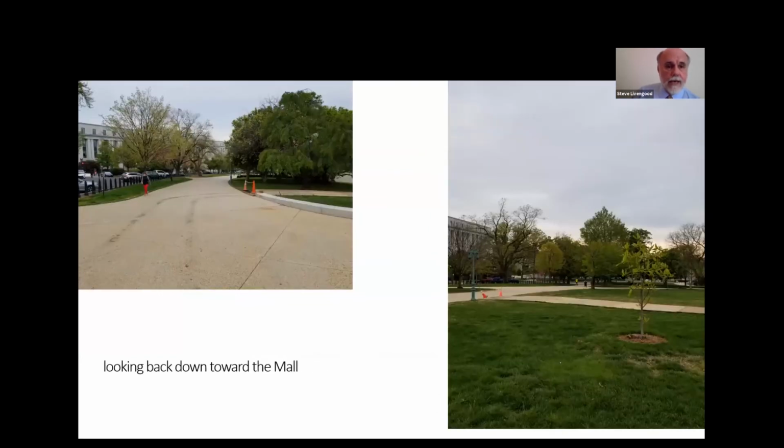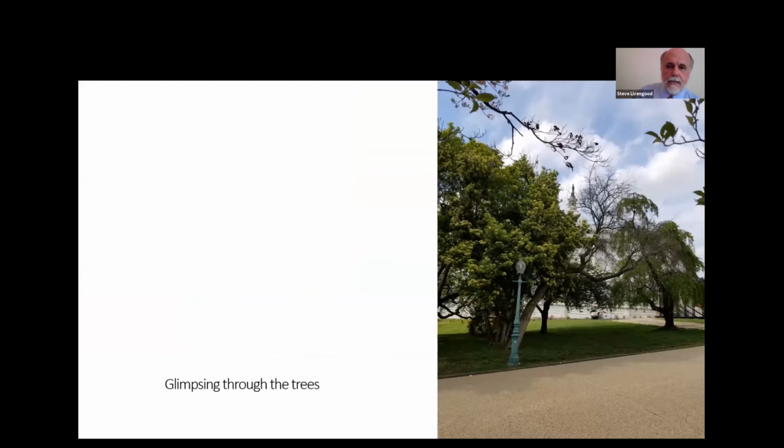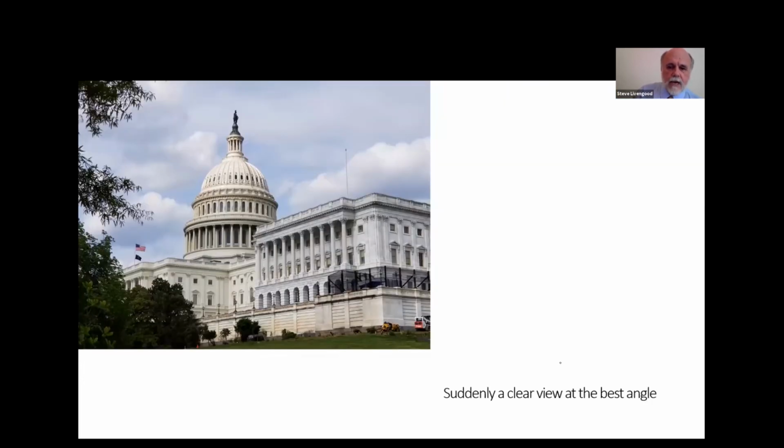This is what it looks like from up above, looking back toward what you just saw. As you go up, you're beginning to look through the trees and see glimpses of the Capitol itself. Then all of a sudden you come out to a view. Olmsted picked particular angles of the Capitol that he thought were aesthetically the most pleasing. You see on the right here is the House chamber.